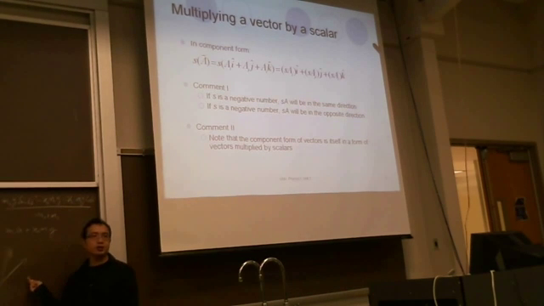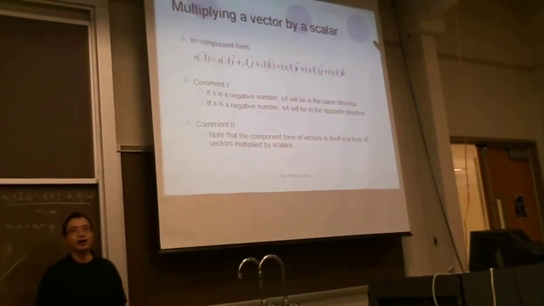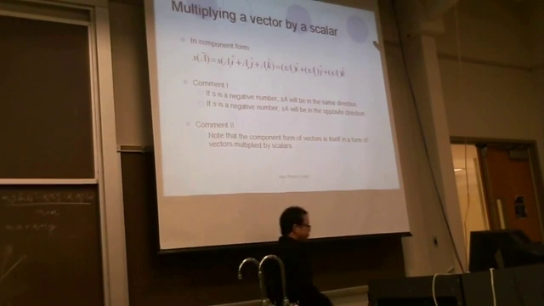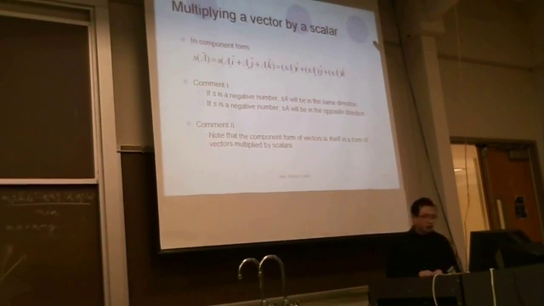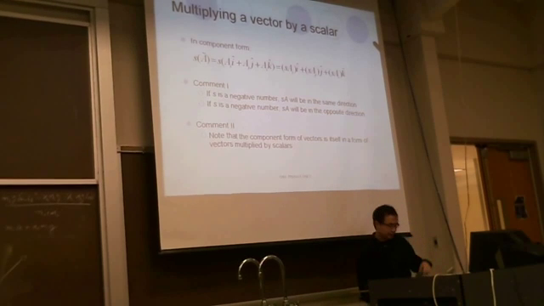And each of the vectors can be regarded as a unit vector multiplied by the component, ax, ay, az. So this is a vector multiplied by a scalar.